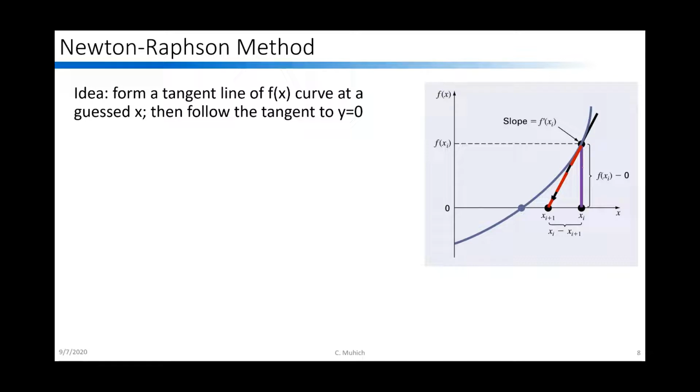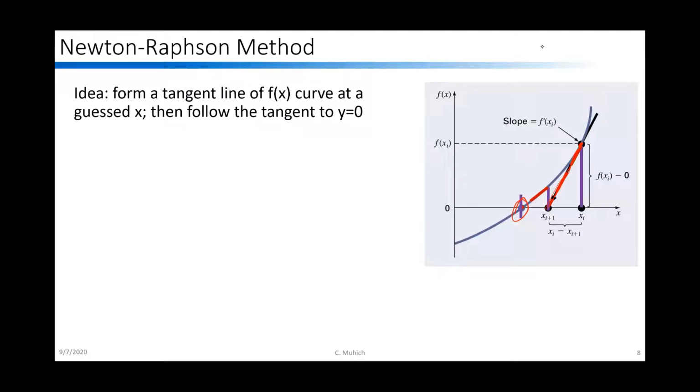So if I say I'm at this point here, I figure out what that dotted line slope is, that's going to take me to the y equals 0 point. I have a new guess for my x. And now I can do this again and again and again. So you can see in this example, if I know what that slope is, I can find that root more or less in 2 steps.